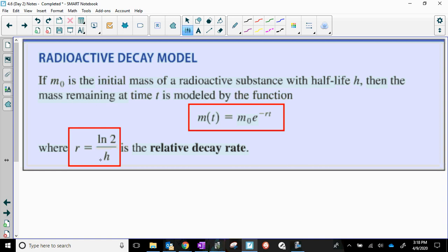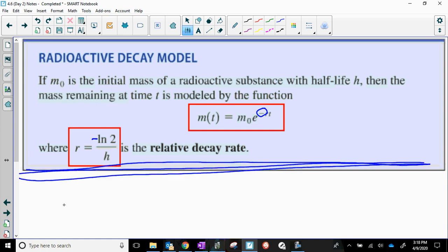Now, I don't like them saying this right here. It really should have a negative here for the number when we actually look at it. So to take care of that, they put the negative here. To make things a little more like what we've already done, I would just say your rate is the natural log of 1/2 over the half-life. And your formula, how about we not learn another formula?